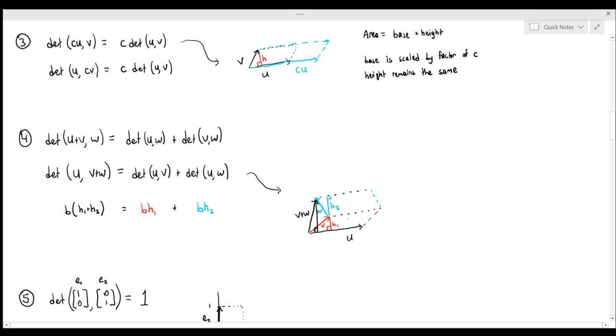And thinking of u as the base, once again, the area of the parallelogram formed by u and w is the base times h2. And then since I have v and w connected head to tail, their sum is a vector connecting from the beginning to the end.